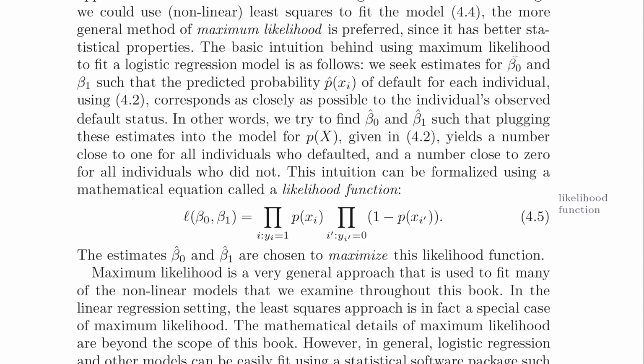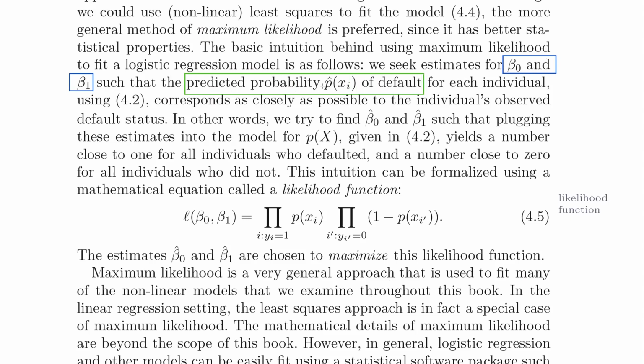We seek estimates for beta naught and beta 1. So those will be your hats, such that the predicted probability, in this question, it's of default. It could be of sickness, it could be of marriage, it could be of pregnancy, you name it.